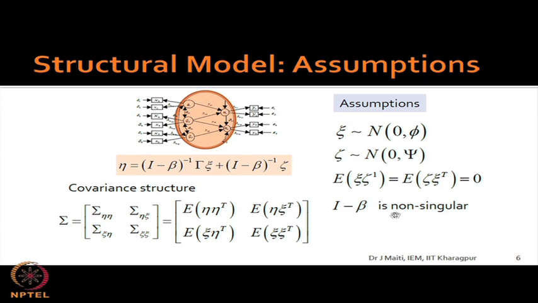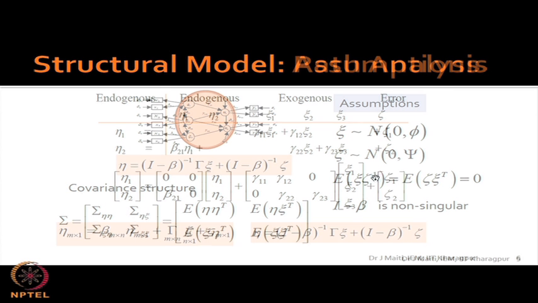So, I minus beta is non singular, then only this equation exists.